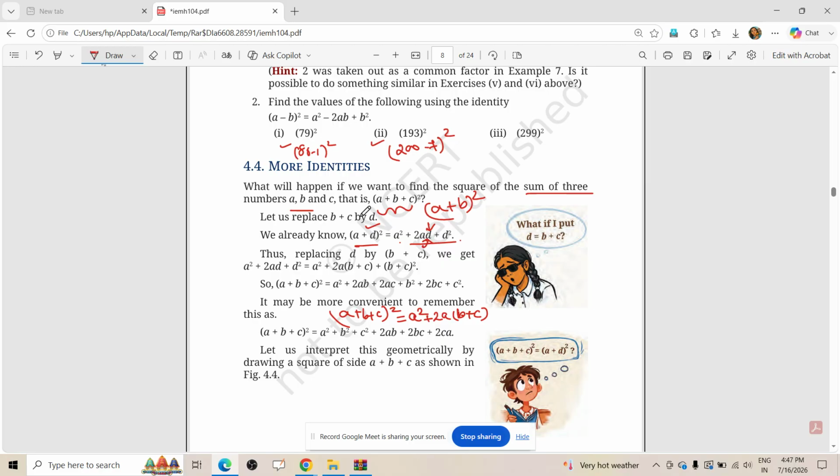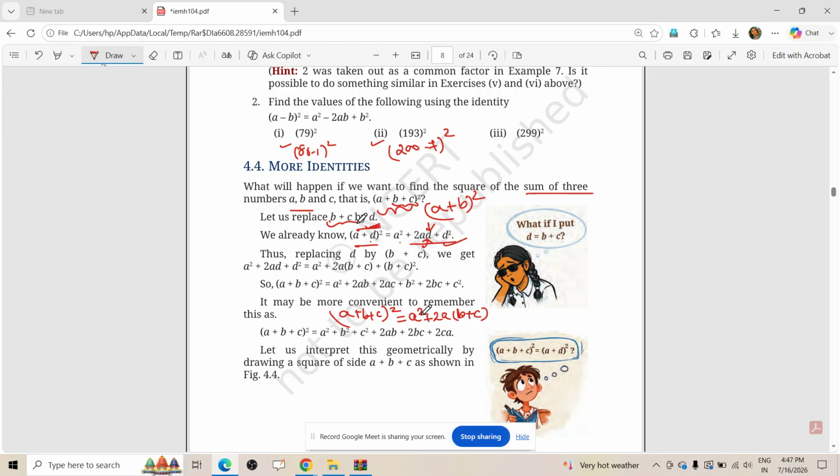See, firstly we assumed b plus c as d, and then we solved it by a plus d whole square. We know the formula, that is a square plus 2ad plus d square, and again we are replacing the value of d by b plus c.